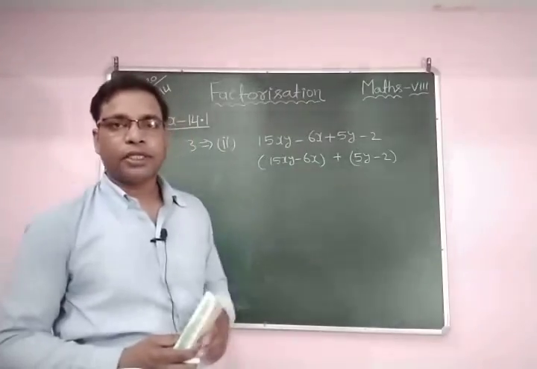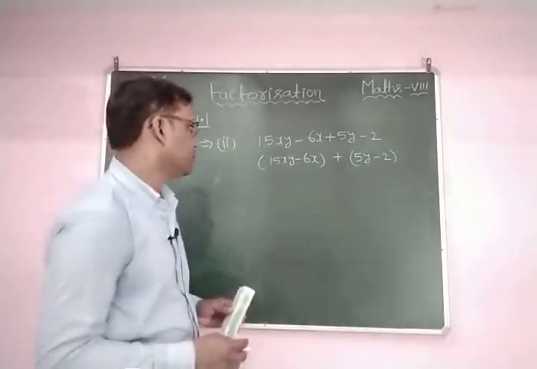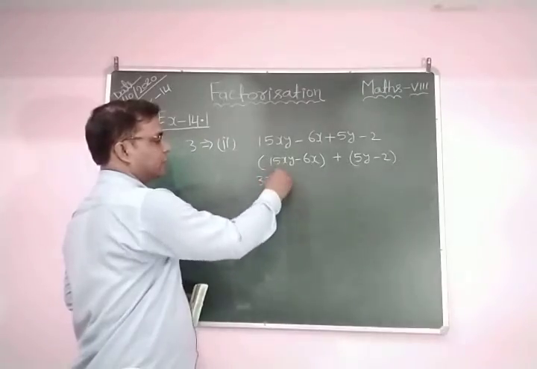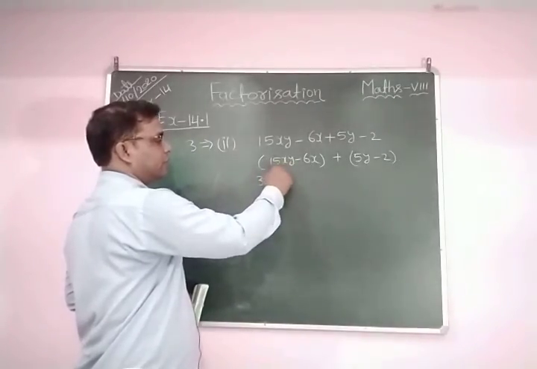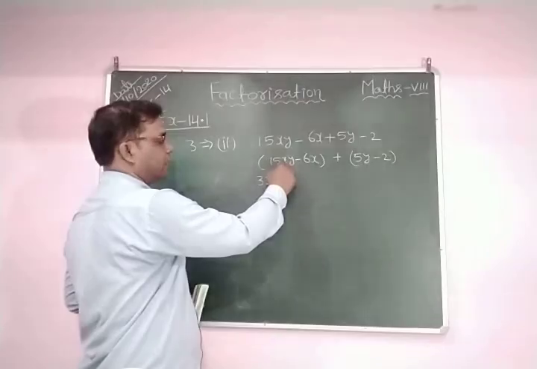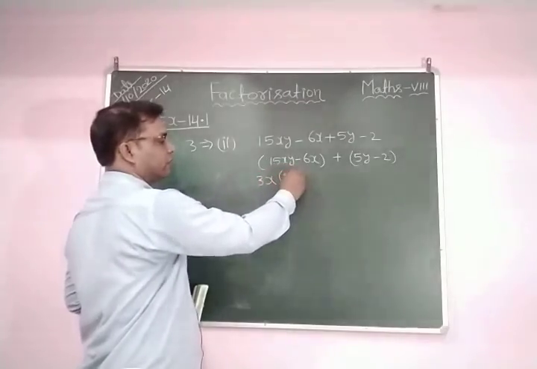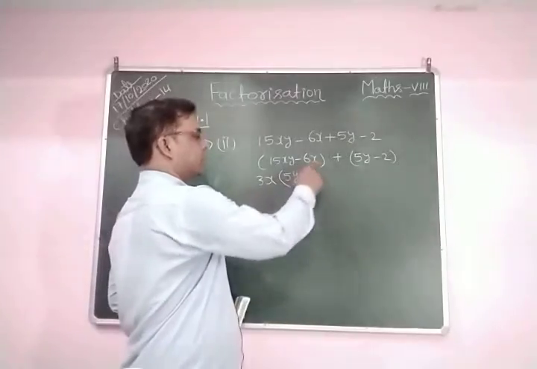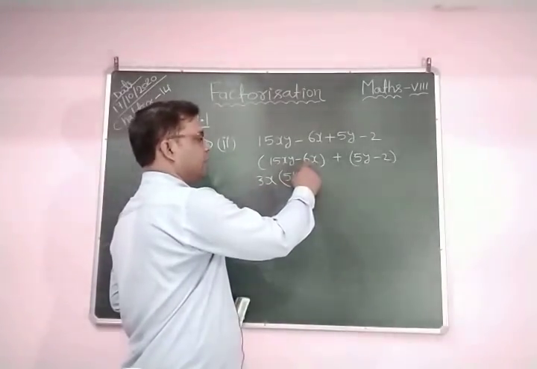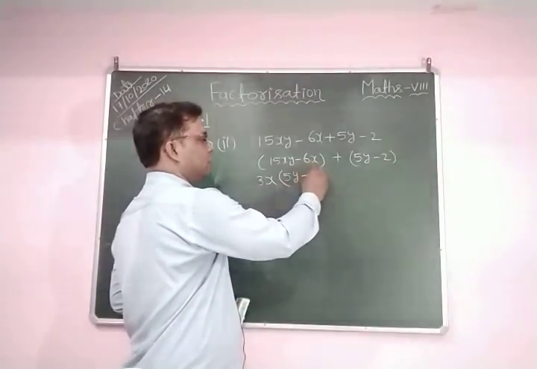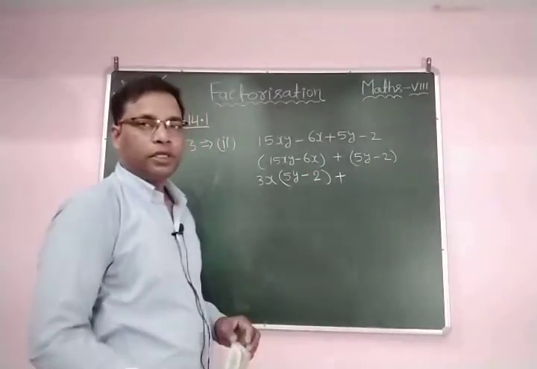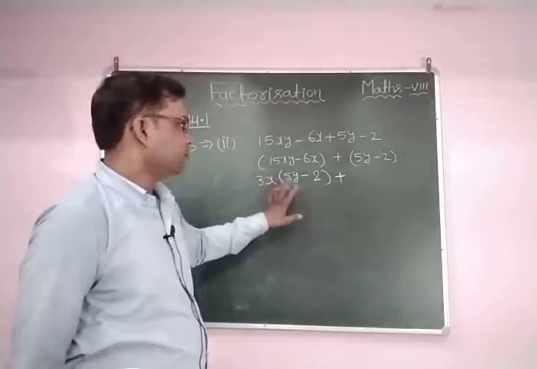If you take common 3x in both terms, you obtain 5y minus 2. So in the first bracket we take common 3x.